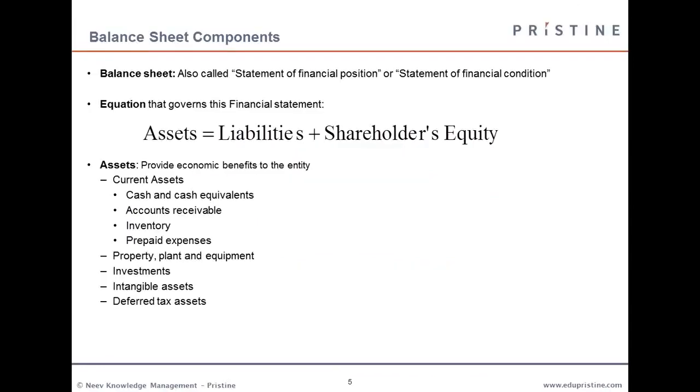So let's start understanding each of the components. The first component is the assets. Assets are the ones, as I earlier explained, they give economic benefits to the entity.